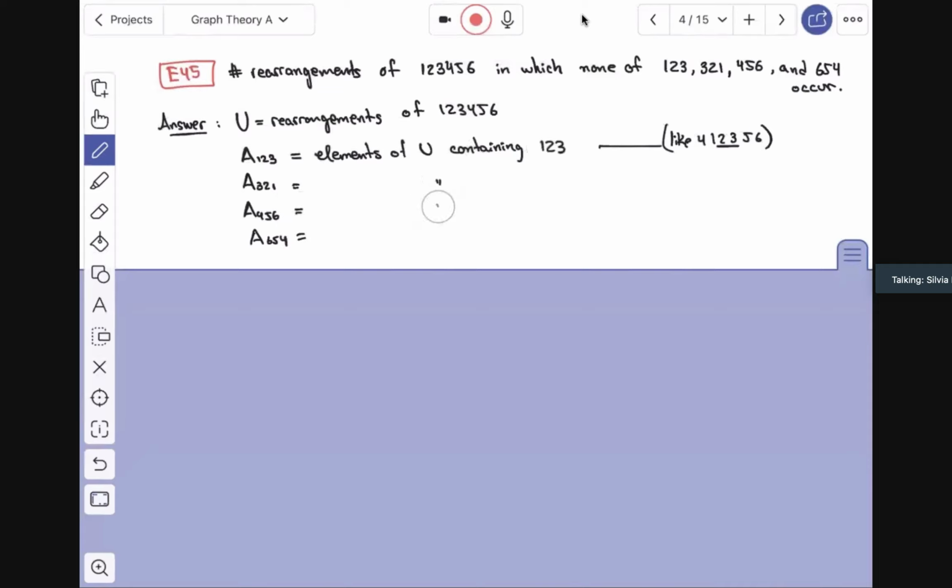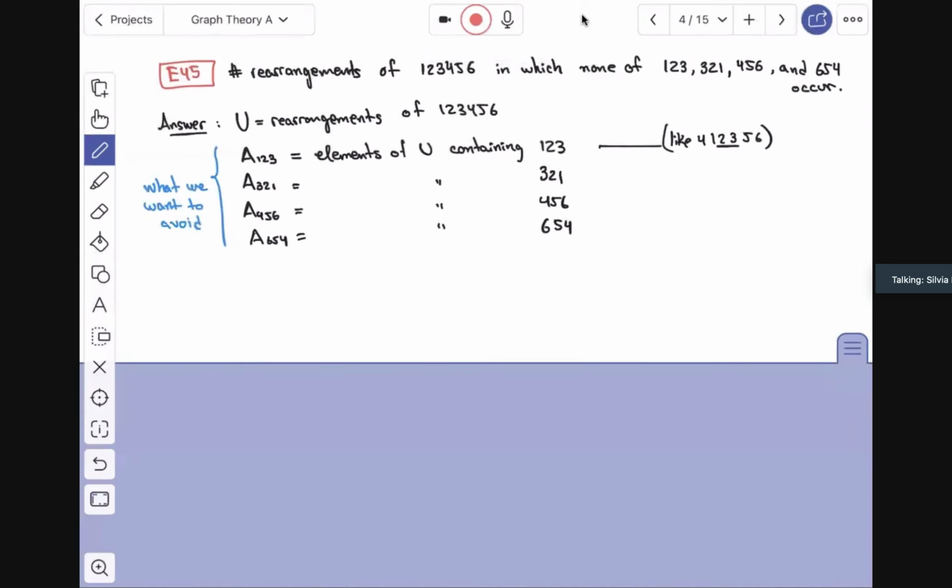The definitions of the others, the ones containing 3, 2, 1, the ones containing 4, 5, 6, the ones containing 6, 5, 4. So that's what you want to avoid, right? And we do it that way because counting one by one is easy. Combining them, we need the inclusion exclusion principle.